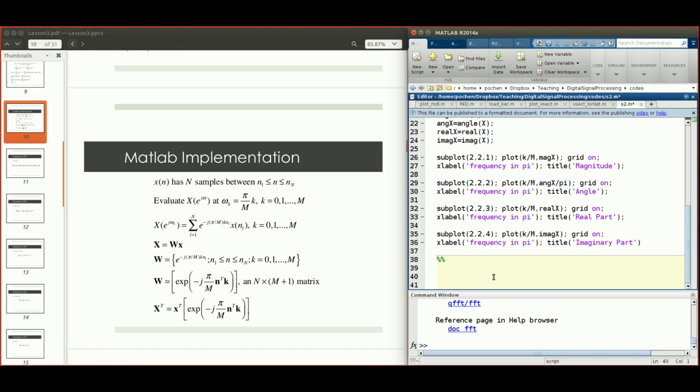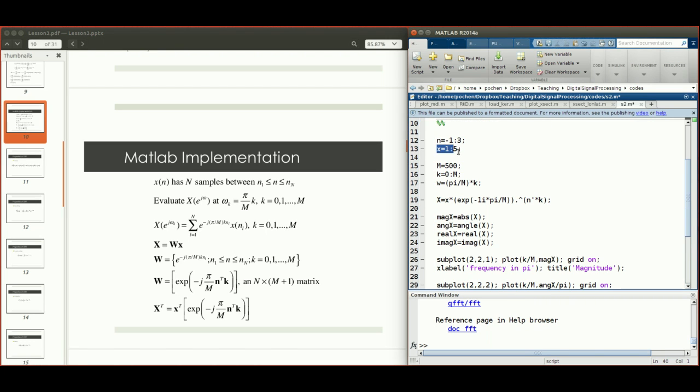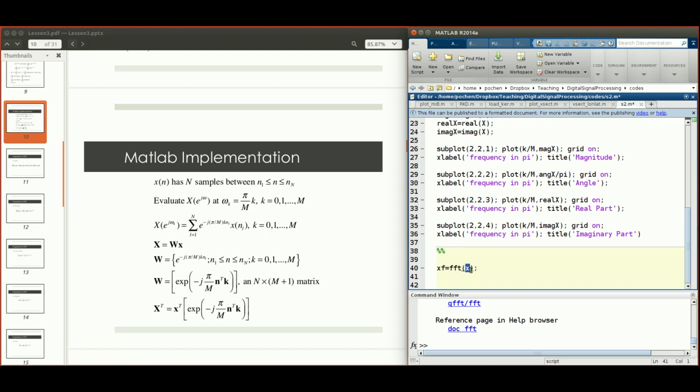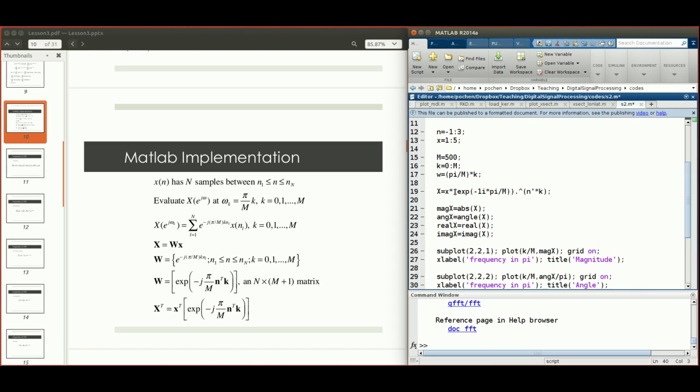I have the input signal here, that's x, and I still have it in my memory. So if I do xf equals fft(x), that's going to accomplish the Fourier transform of x by using the Matlab fft function. But you will see that this xf will look quite different from the Fourier transform that we have obtained here, which is represented as big X, right?